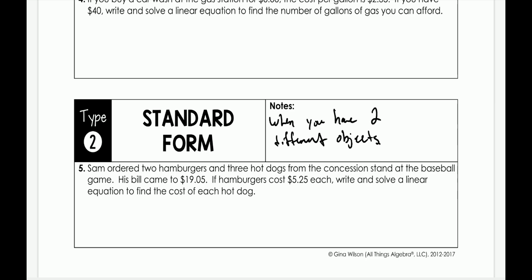So the first thing we have to do with these types of problems is define what x is going to be and what y is going to be. So we're going to say that x is the number of hamburgers, and y is going to be the number of hot dogs.